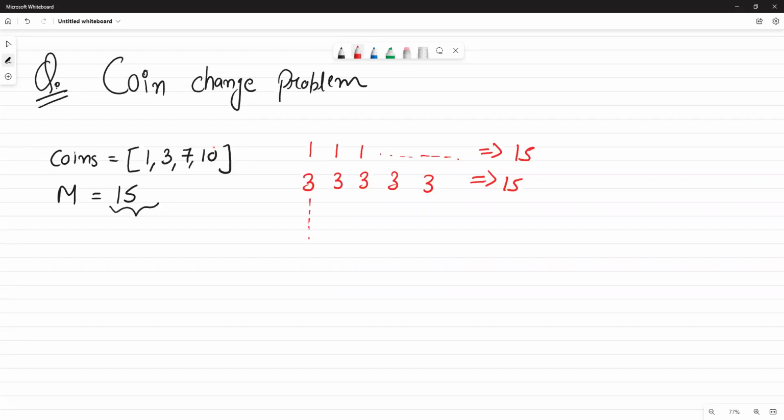Correct. So in a similar way, you may have many ways to get change whose value is equal to 15. You need to find the way in which you have the minimum number of coins and you have the change of your money. That is 15 here. Clear?